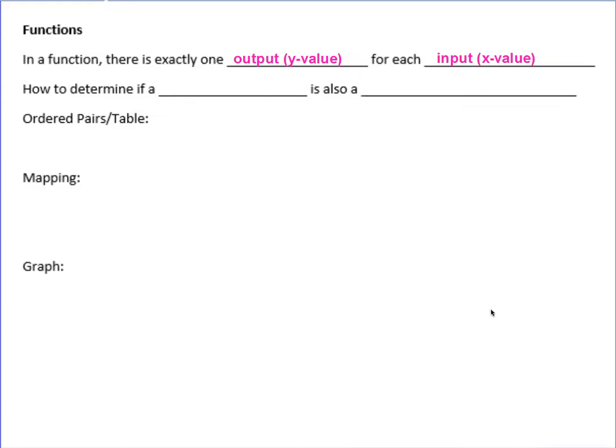Okay, so if I have as one of my inputs or one of my x values, I have 2. And then the y value that goes with 2 is 5. Then I cannot later on in my set of ordered pairs have another 2 as an x value and then 7 as a y value, okay? Because then that x value has 2 different y values that go with it, and that would make it not a function.